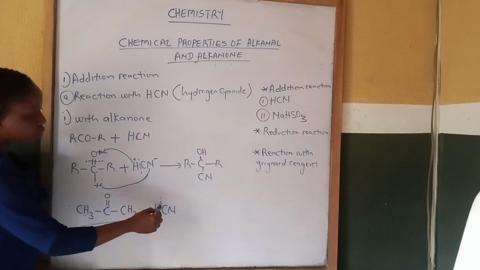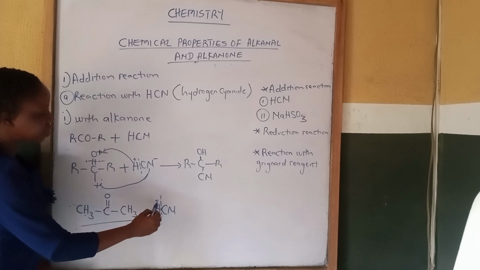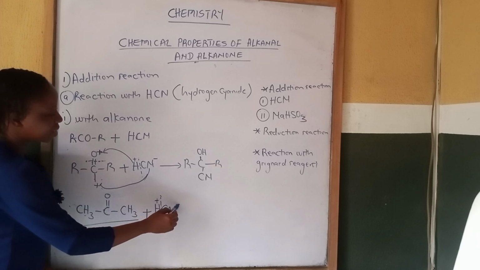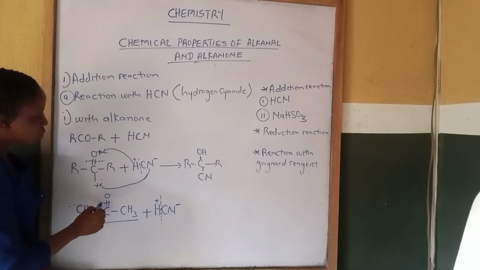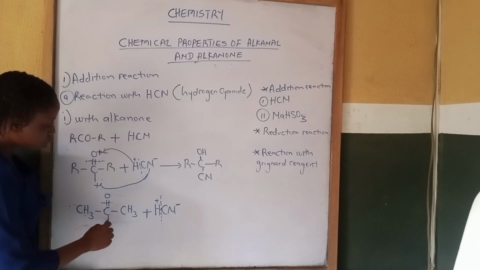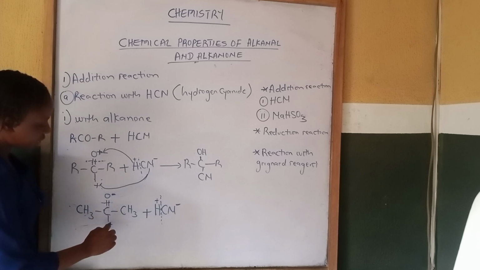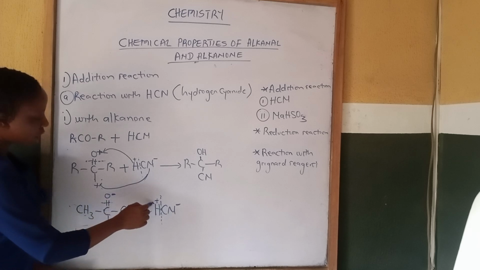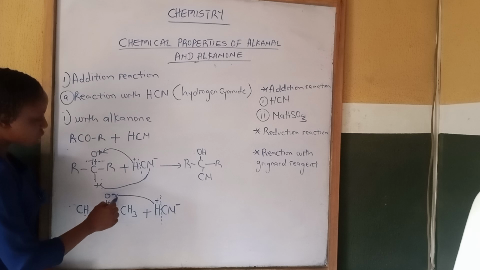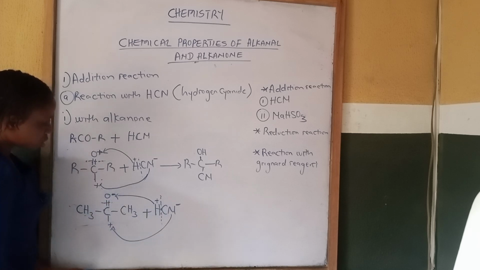So the hydrogen cyanide will break to hydrogen positive and cyanide negative. Then the double bond will break, so one of the bonds will come down. Oxygen is negative now, therefore the other side will be positive. So hydrogen will combine with the negative oxygen, while the cyanide will come to this place.